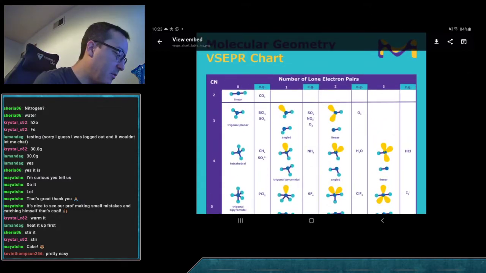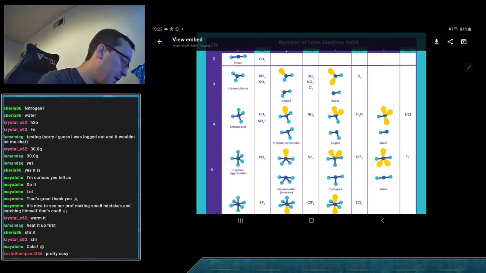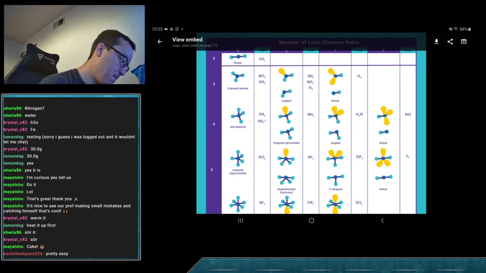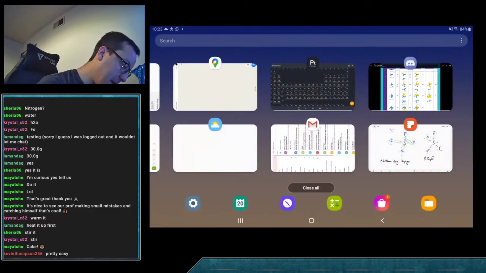We have 1 lone pair. So we're going to go down this column, and we're going to see that we have a trigonal bipyramidal that has 1 lone pair, which will be the structure I'm circling here, which is technically called bisphenoidal, but people often just say seesaw instead. Let's go and look at our seesaw.